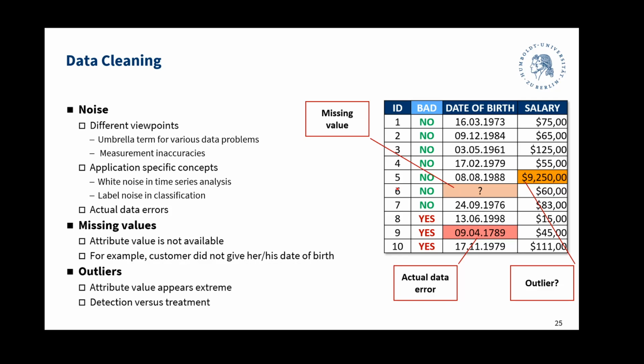With age, we can be sure. Nobody living these days was born in 1789, that is clear. Probably a typo and it was meant to read 1989. That we would then need to check. But this value can't be true. Whereas this salary, it's quite possible, right?